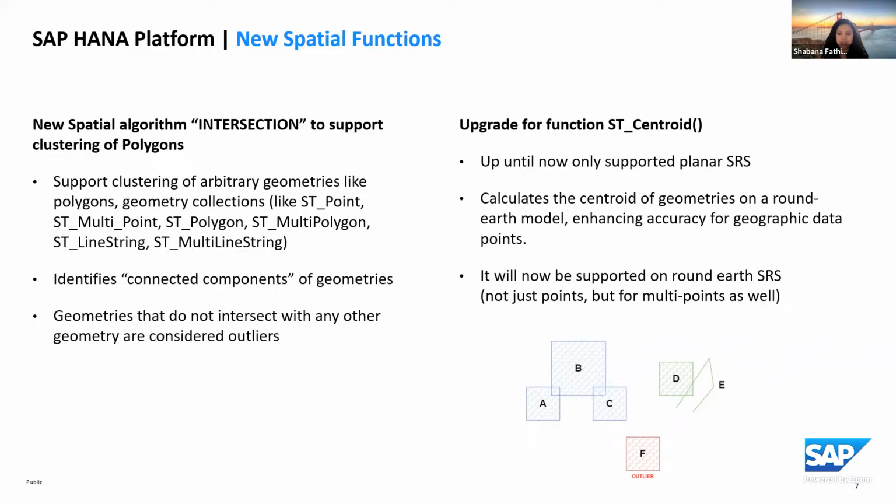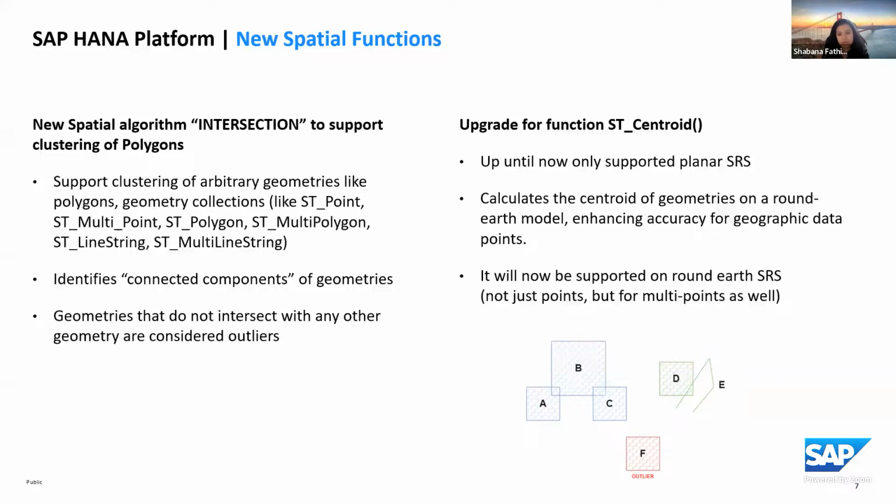And the other one, the st_centroid function, is more of an update. It's already available on the on-prem systems, but let's step back. Previously, this function only supported flat spatial reference systems, which limited its use for global data.